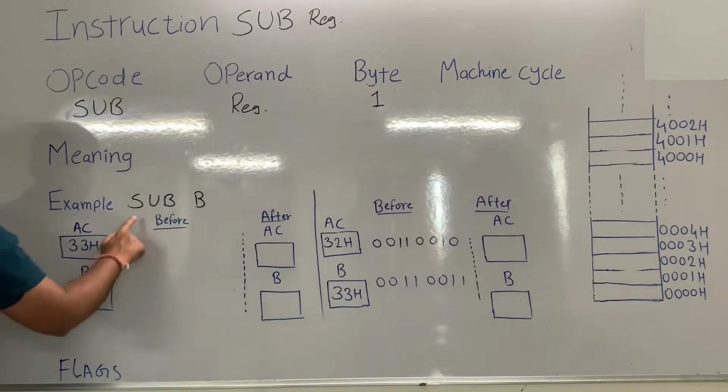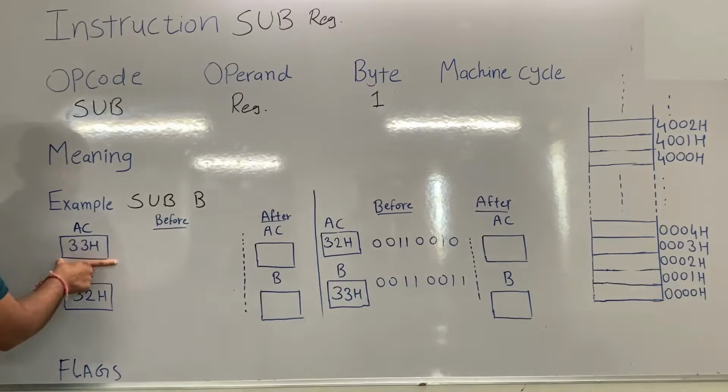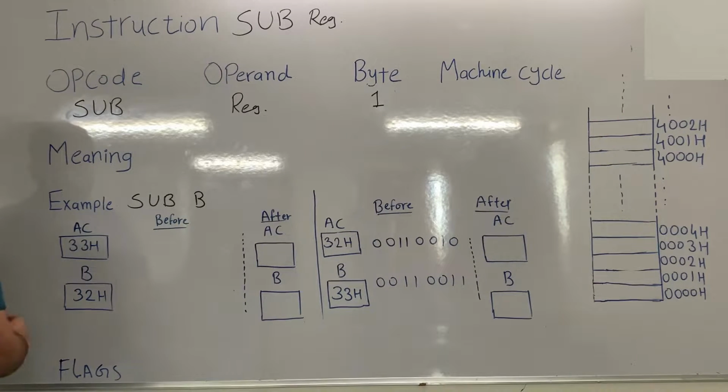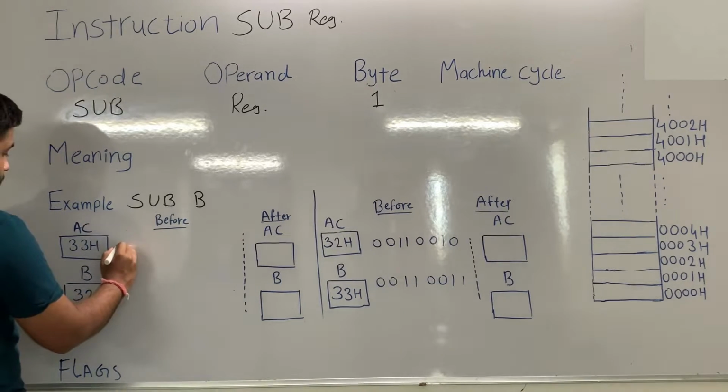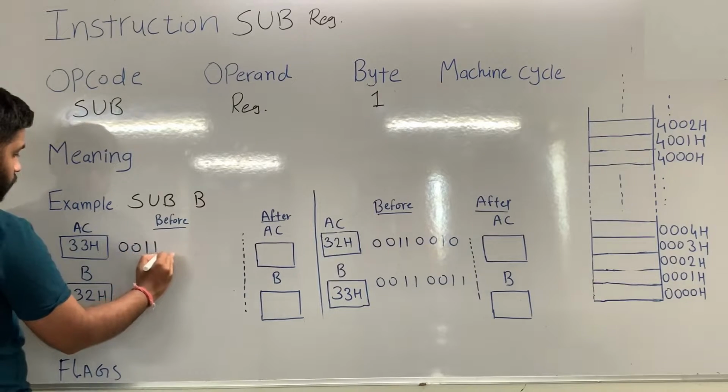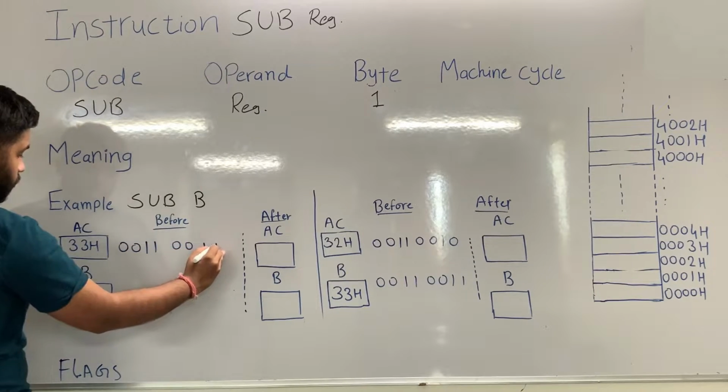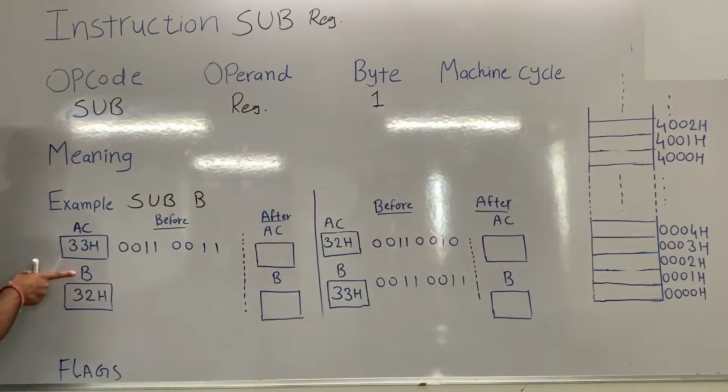Before the execution of this instruction, the content of accumulator is 33H. If you represent this number into binary, you will get the number that is 00110011. Before the execution, the content of register B is 32H.